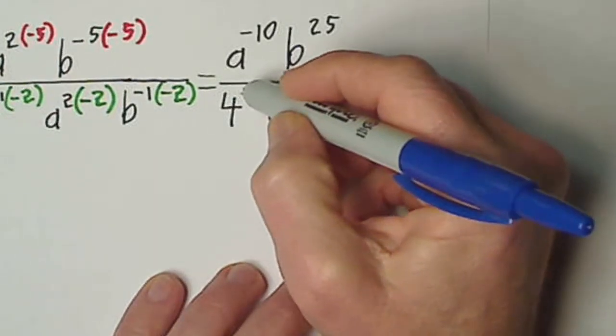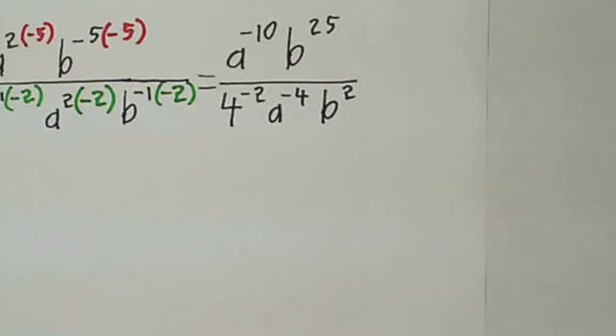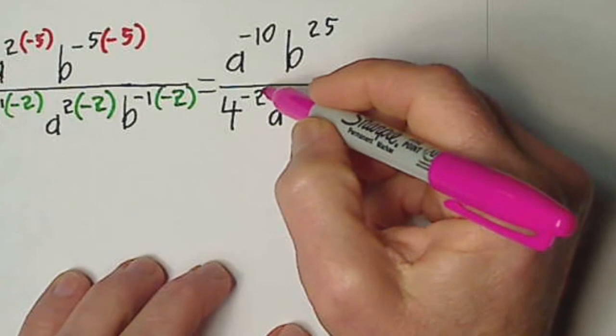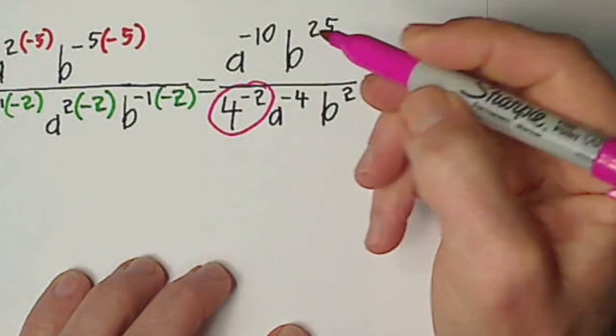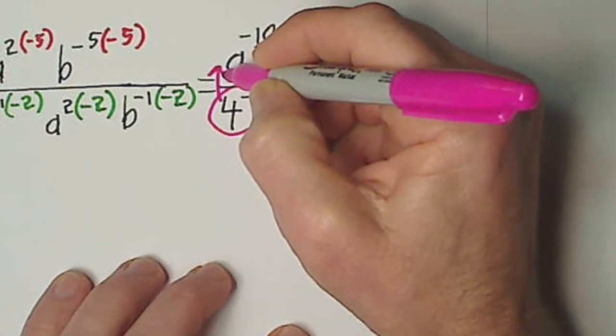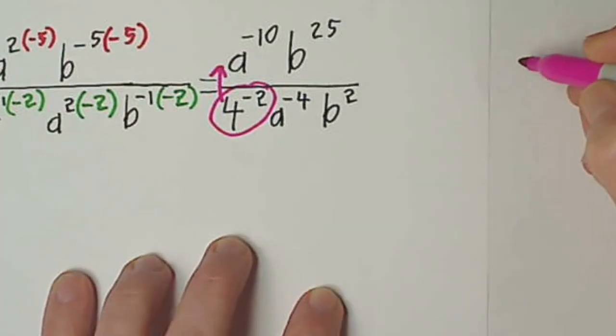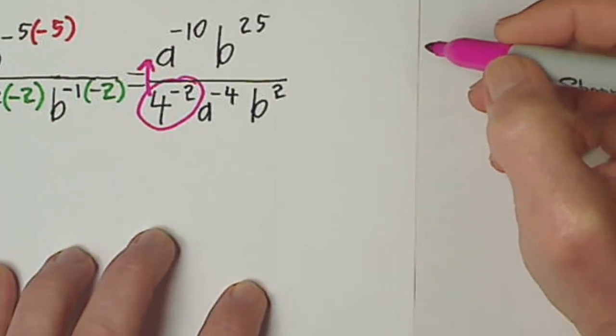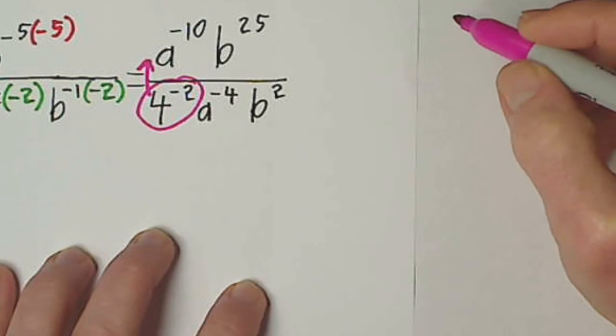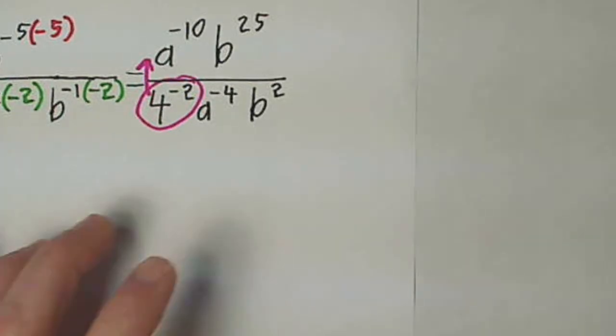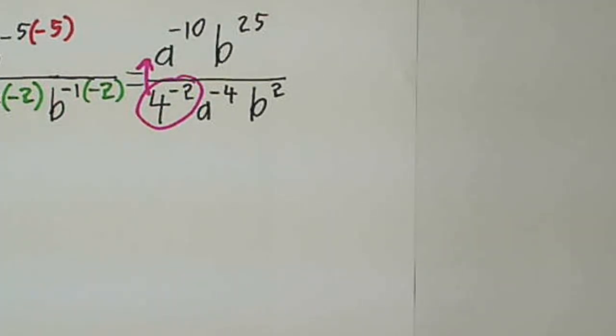I'll use a different color. Let's get these two in here. So 4 to the negative 2, I'm basically just going to push it up, and I'm going to step way over here. I don't like this. That's better.